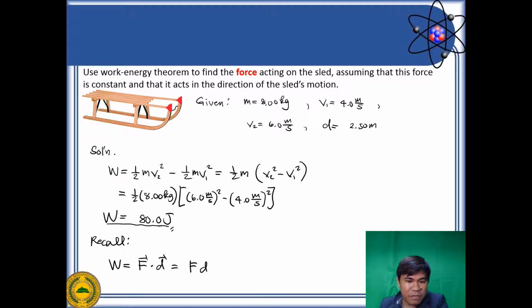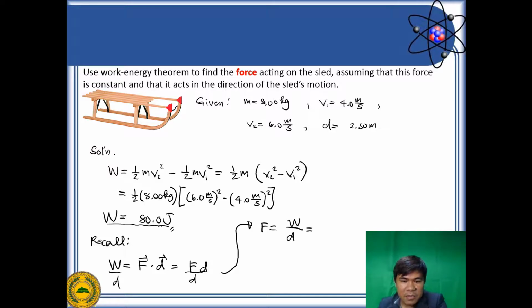So we can solve for F by dividing both sides by d. F is equal to work over distance.